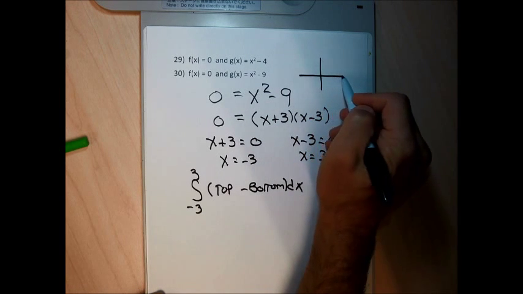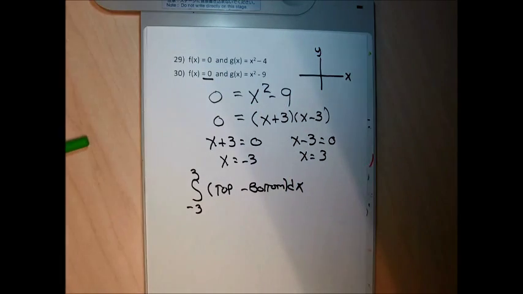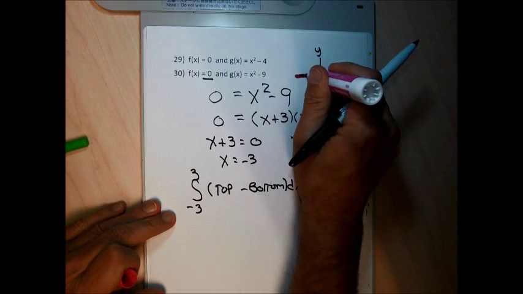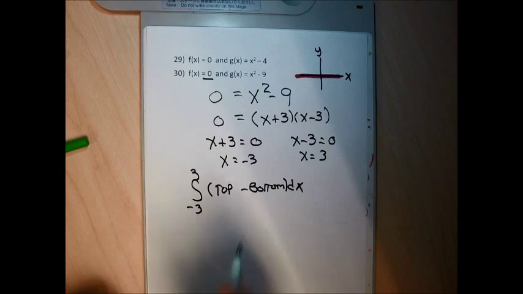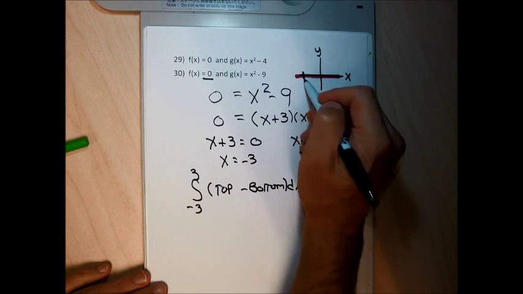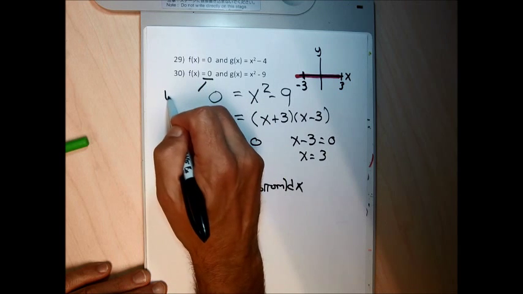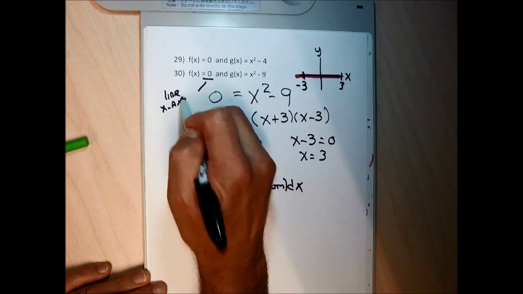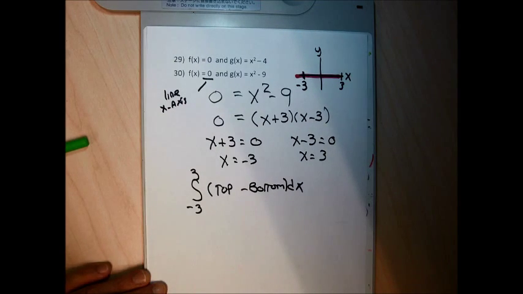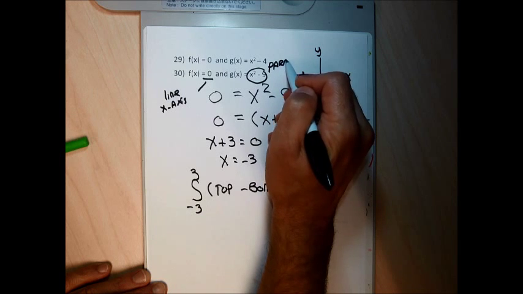The tricky thing about this is that when you graph it, f of x equal to 0 is going to be the x-axis. That is the equation of the x-axis. And then the x squared minus 9 function is going to be a parabola. So this graph right here is going to be a line, and worse yet, it's the x-axis. So I'm not going to see it when I graph it because the x-axis already appears. And this is going to be a parabola.